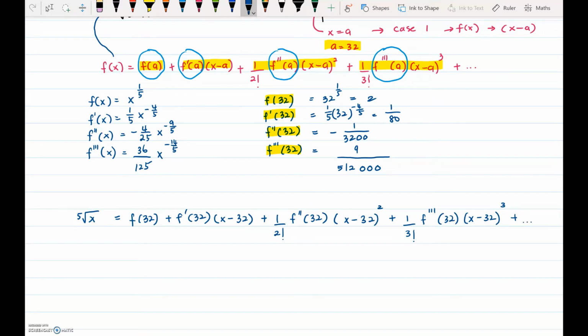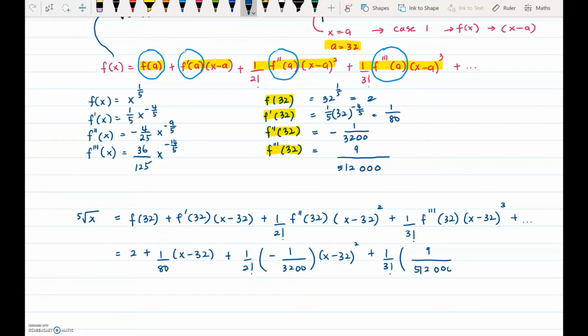Substituting all the values, we get 2 plus 1 over 80 (x minus 32) plus 1 over 2 factorial times negative 1 over 3200 (x minus 32) squared plus 1 over 3 factorial times 9 over 512000 (x minus 32) to the power of 3 plus dot dot dot.